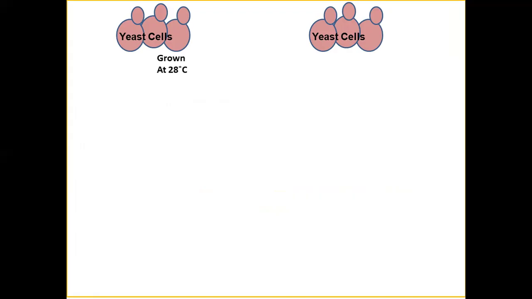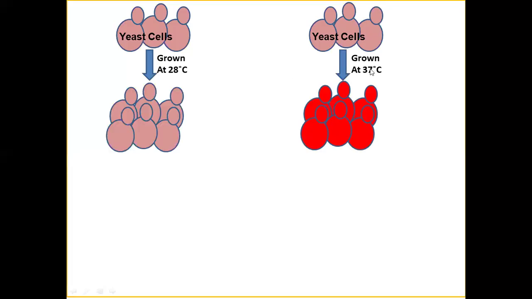Grown at 28 degrees centigrade. Another set of yeast cells are grown at 37. Now, the yeast cells grown at 28 are termed as a control or reference or driver or a subtractor.